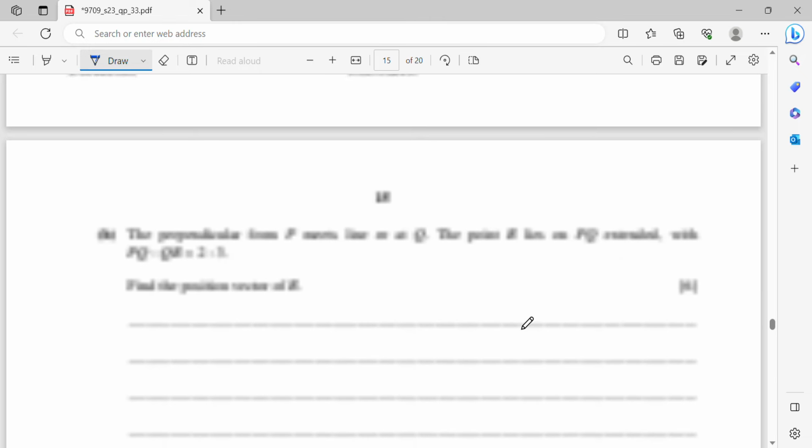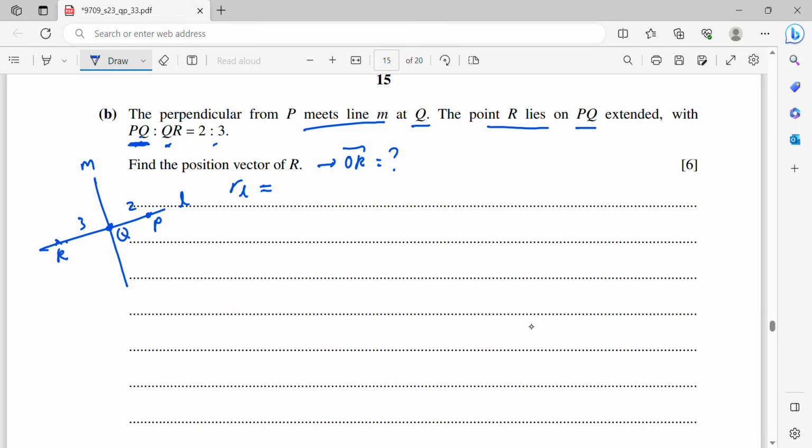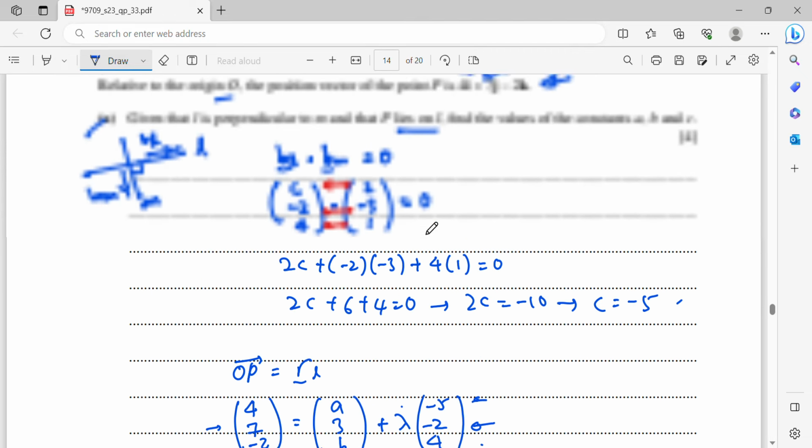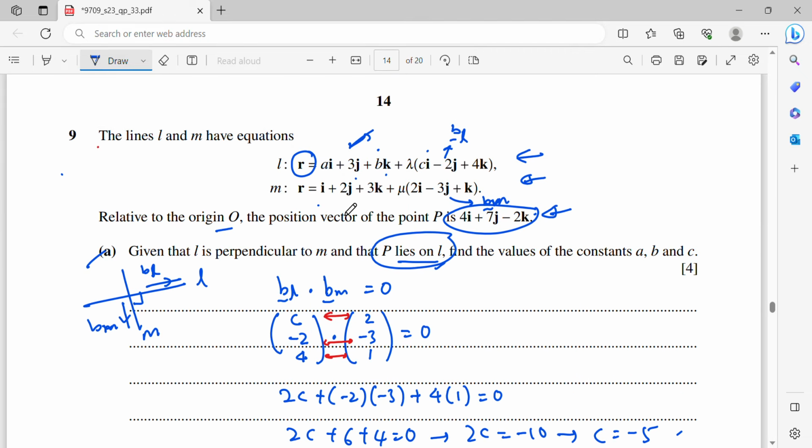So I will get rL equals minus 6, 3, 6 plus lambda of minus 5, minus 2, 4. And then my rM is also given 1, 2, 3 plus mu of 2, minus 3, 1.